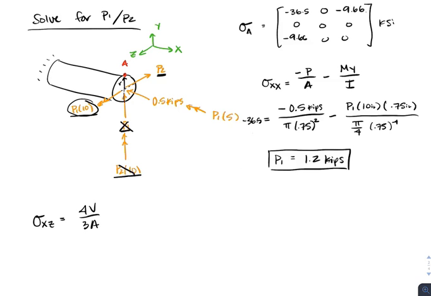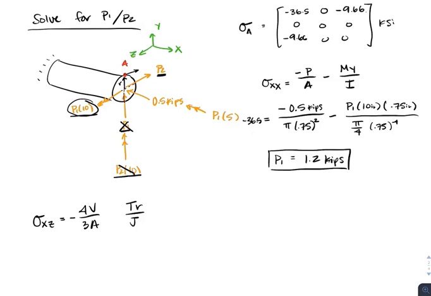Now we have to figure out if that's going to be a positive or a negative shear force. So our P2 force is going in the negative z direction, so that means that this shear force is going to be negative. So now we can look at our torque. So we only have one torque applied, so we know that we're going to have a Tr over J. And now to figure out if it's positive or negative, we just look at, okay, at point A, when you have that torque applied, the stress direction has to be going that way.